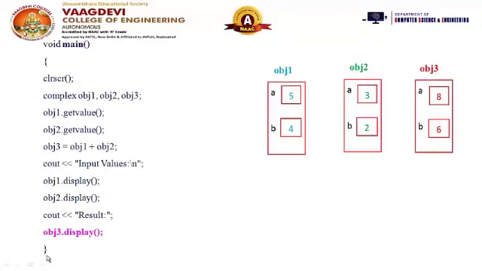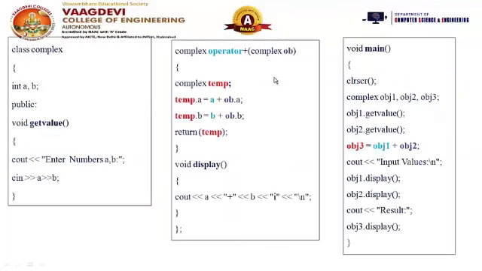Here we can clearly understand how object 1 is implicitly passed to the operator function and object 2 is passed explicitly. After adding, the resultant value of the temp object is returned and then assigned to object 3.